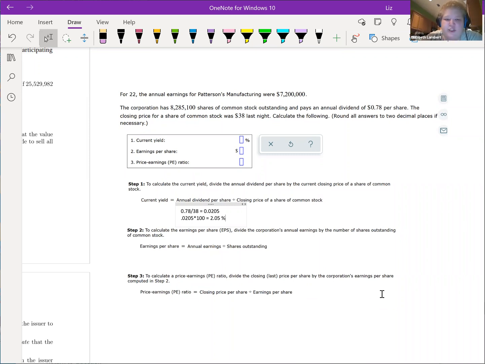And the earnings per share, their annual earnings, which is in the sentence above most of it, 7.2 million, divided by the shares, the 8 point blah blah million shares. Literally just gonna put those two numbers, but we are then going to use this earnings per share number in the next calculation.